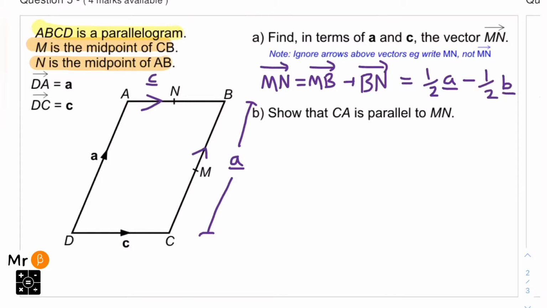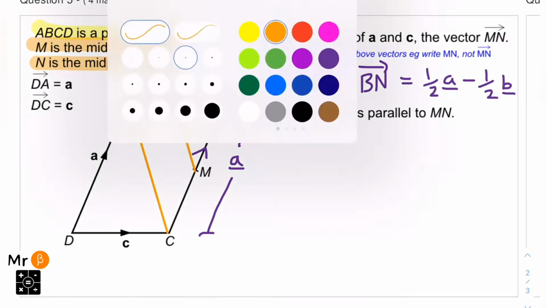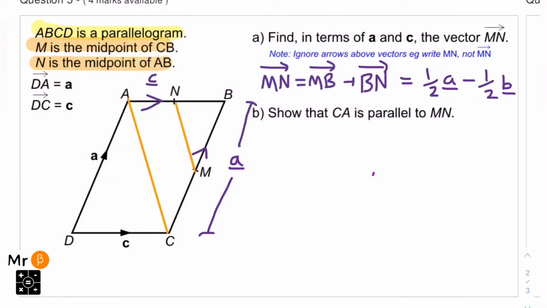1/2 C. In order to show that two lines are parallel, we need to work out the vectors for both CA and MN. The lines which it's talking about you can draw in if this helps you visualise it. So there's our line CA, and here's our line MN. So let's now work out our vectors.